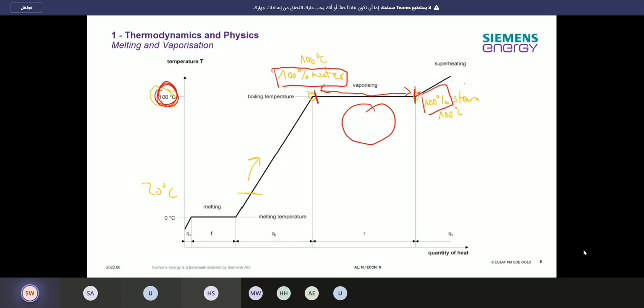Because the superheater is just designed for steam and not for the evaporation process. So economizer, just water; evaporator, water and steam; superheater, just steam.